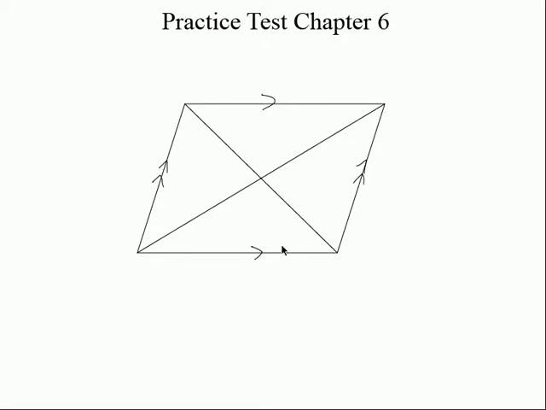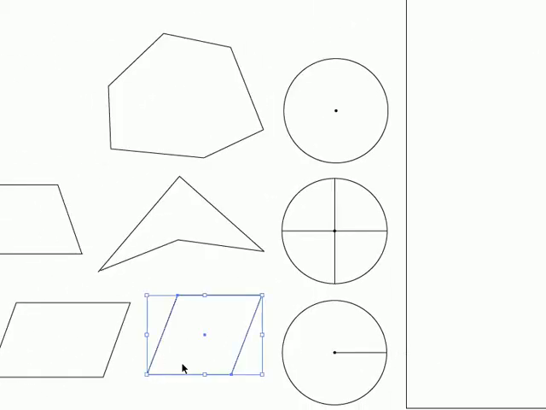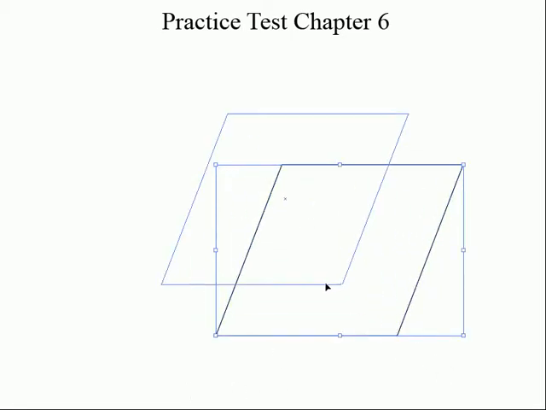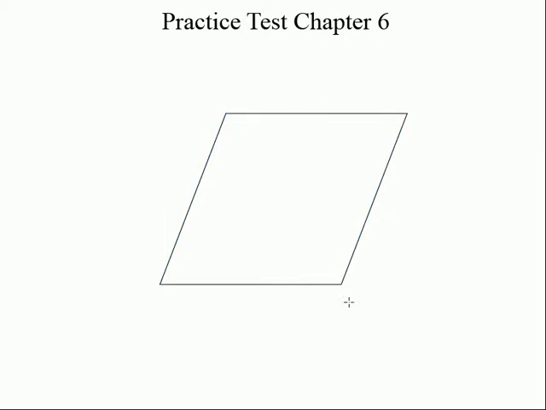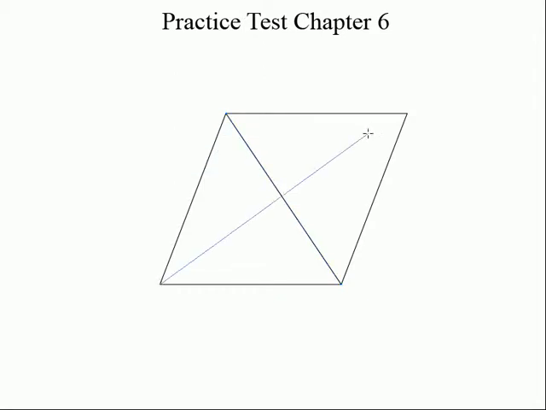Let me see. So what did you have? You had a rhombus, right? Let me find a rhombus here somewhere. There's a rhombus. Let's copy that and paste it. I think you put a squared plus b squared equals c squared, but I don't think you did that part the correct way.